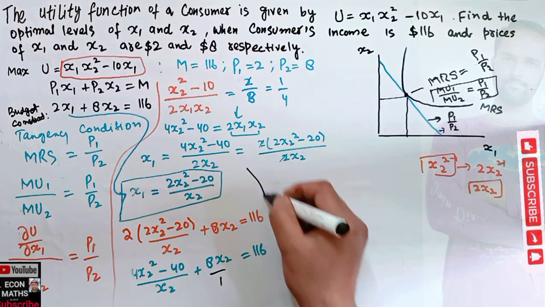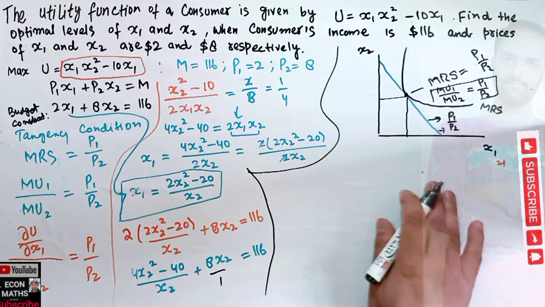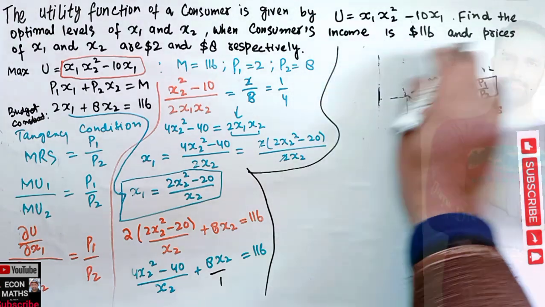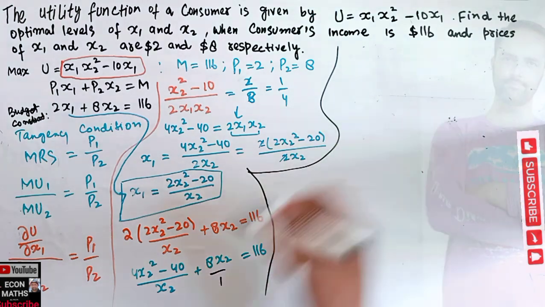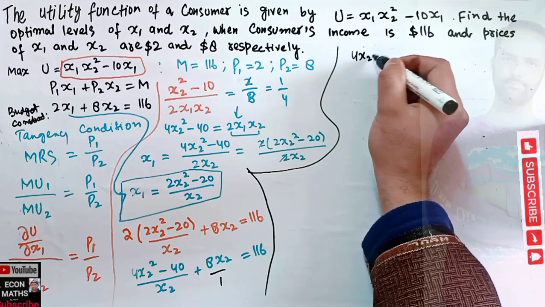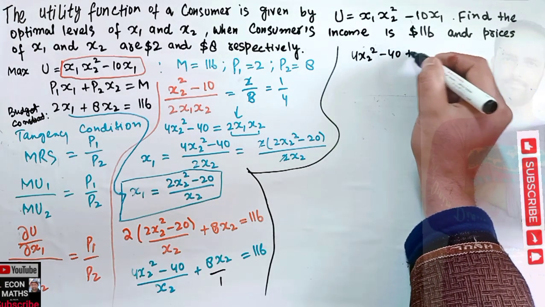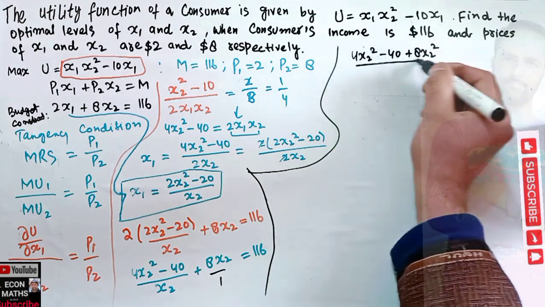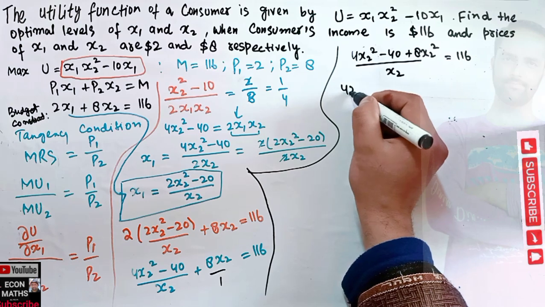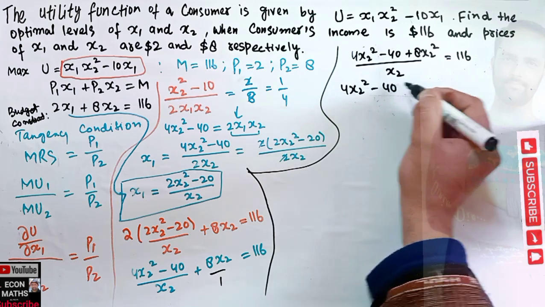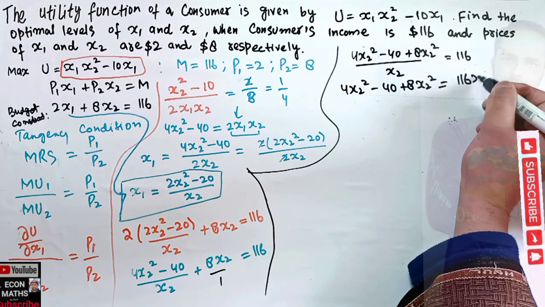So we have 4x2 square minus 40 plus 8x2 square divided by x2 is equal to 116, or we can write 4x2 square minus 40 plus 8x2 square is equal to, transposing it, 116x2.